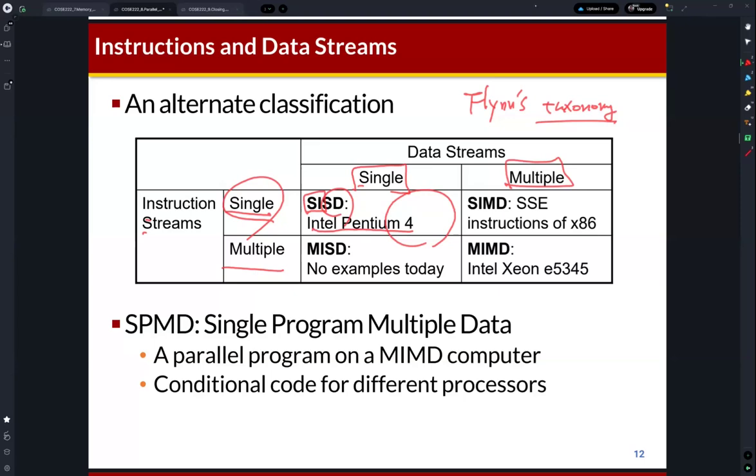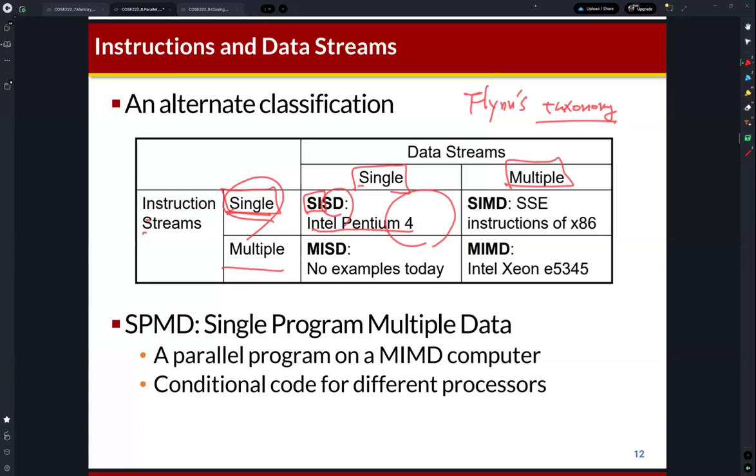Then there is using a single instruction to handle multiple data. For example, a single instruction can handle vector type data. So what is a vector? A vector includes multiple elements.